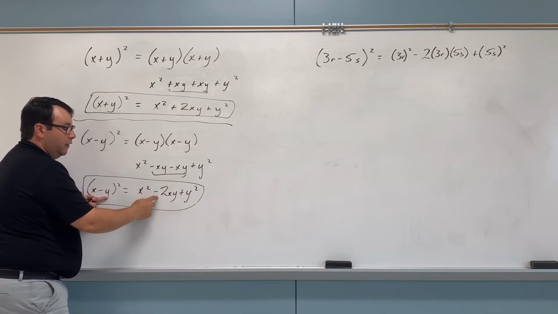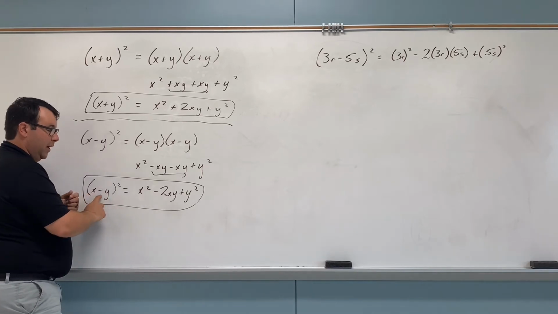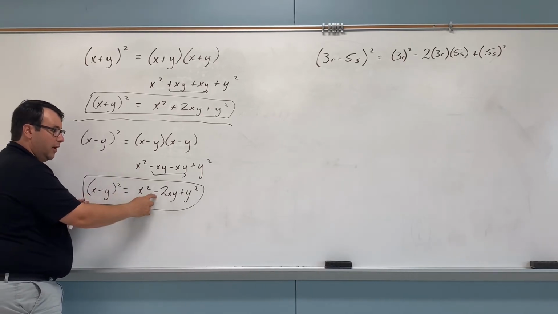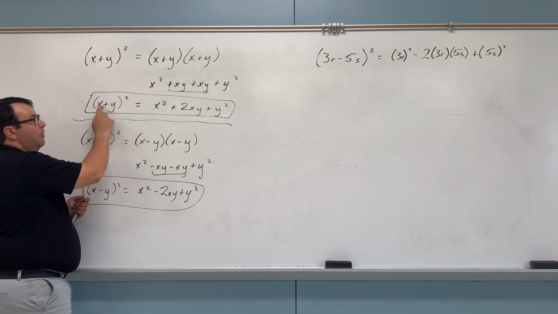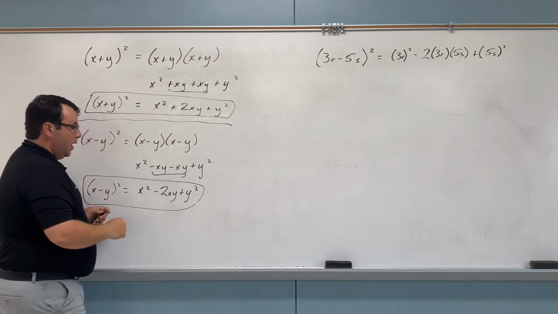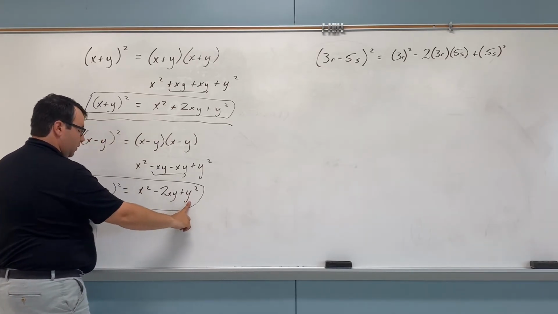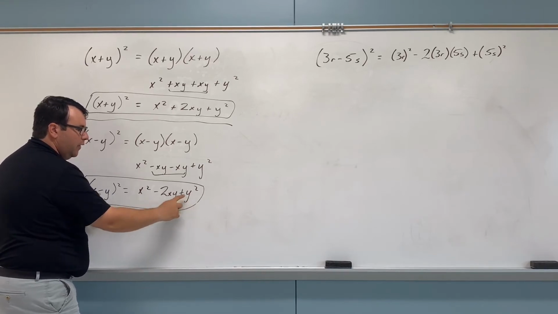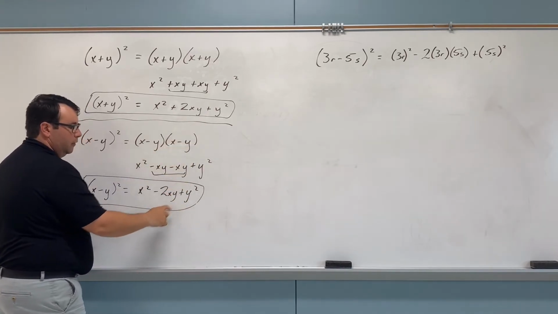The sign on this 2 is where it comes back to this original definition. If the binomial was negative, the sign is going to be negative. If the binomial was positive, the sign is going to be positive. And then my last term is y, so my last term is squared here. And that is always going to be positive.